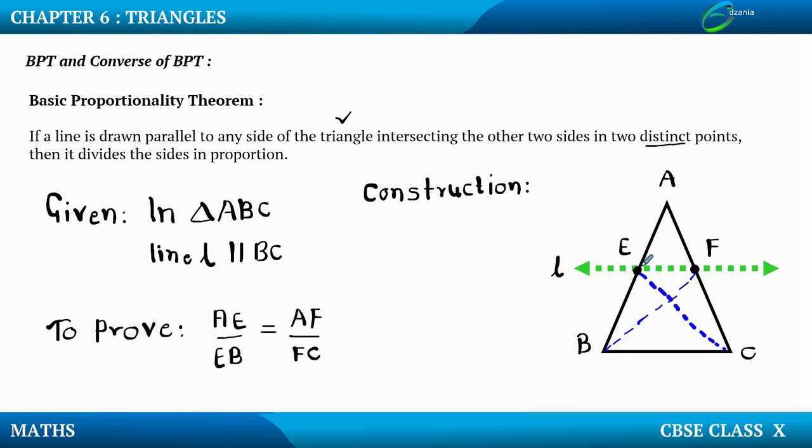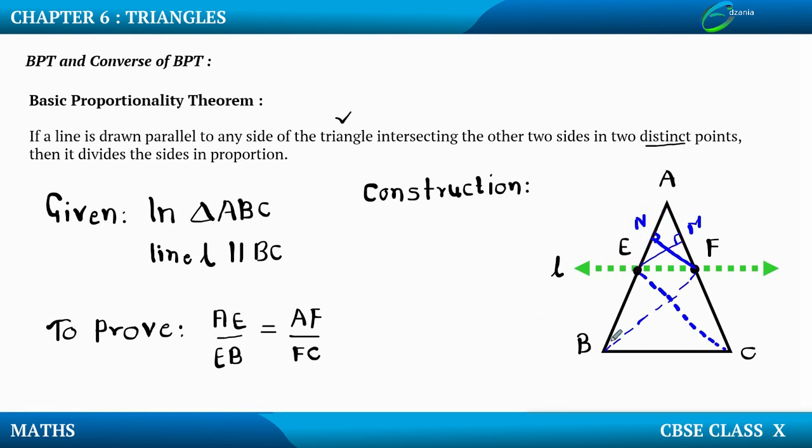Then the construction is draw EM perpendicular to AF and draw FN perpendicular to AE. So this is the construction part, slightly complicated.